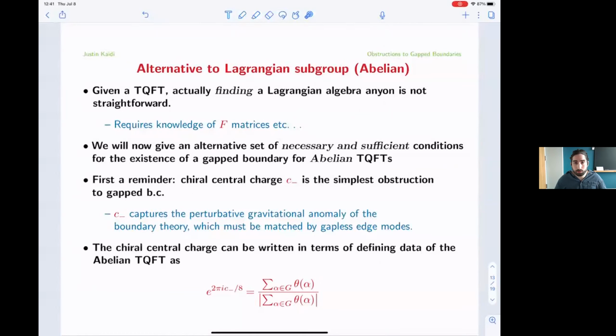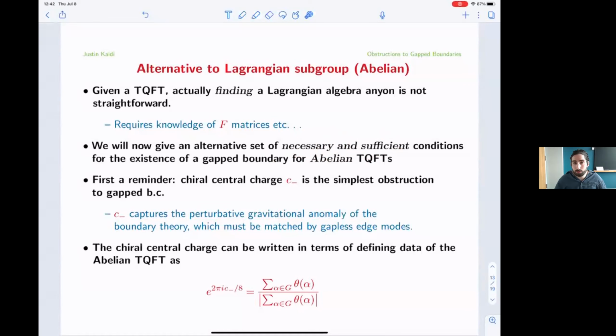So I'm now going to give you an alternative set of necessary and sufficient conditions for the existence of a gapped boundary. And here I'm going to focus on Abelian TQFTs only. And these new necessary and sufficient conditions will have the virtue of being very highly computable. The only data I'll need to input is just the spins, and there's just some very simple operation that I'll do on the spins to extract whether or not there's a gapped boundary.